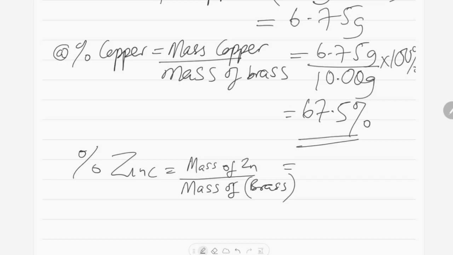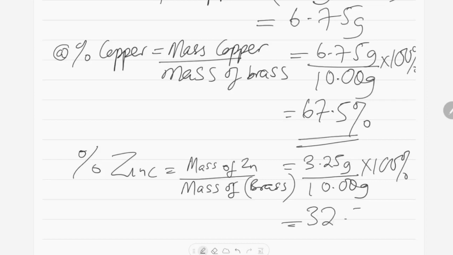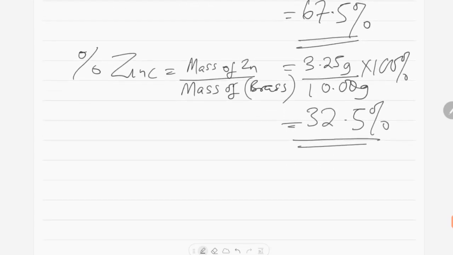The mass of zinc, we recognize, was 3.25 grams divided by 10.00 grams. So let's calculate 3.25 divided by 10.00 grams times 100%, which will give us 32.5%. So this is the percent of zinc in the brass sample.